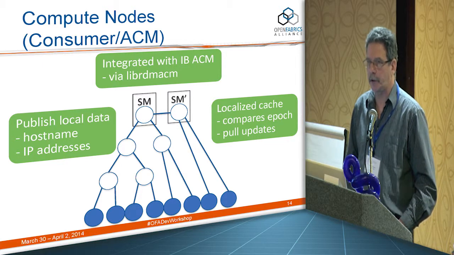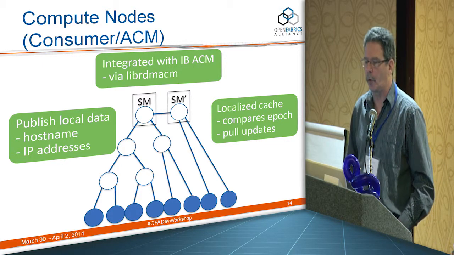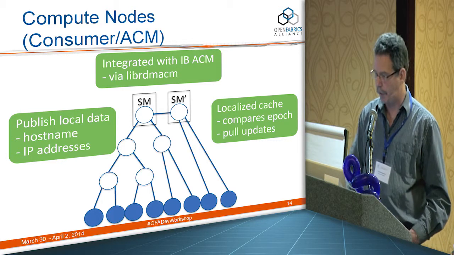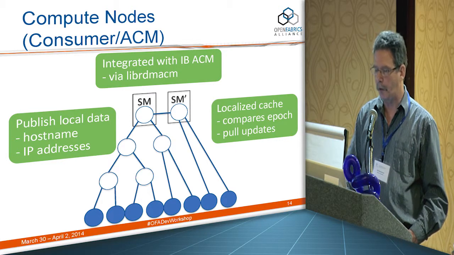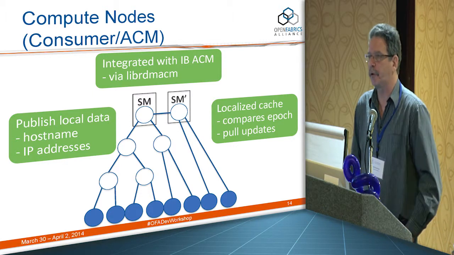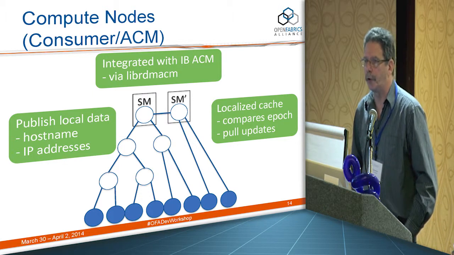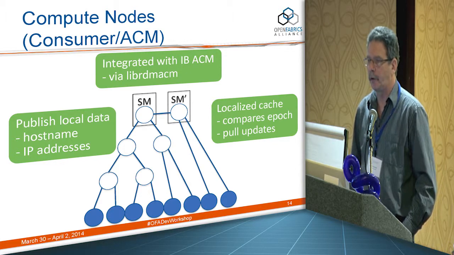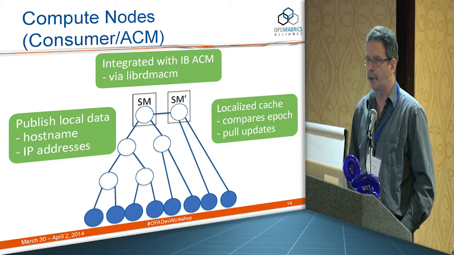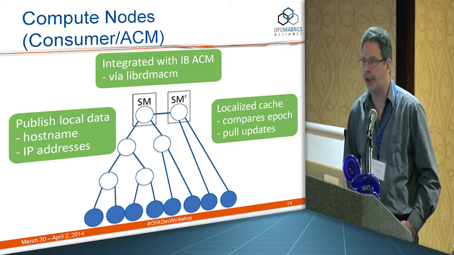So this is a scheme that all RDMA ACM-based applications can take advantage of by running ACM. For people who are familiar with it, you can view the difference between the existing ACM and this as a back-end change.